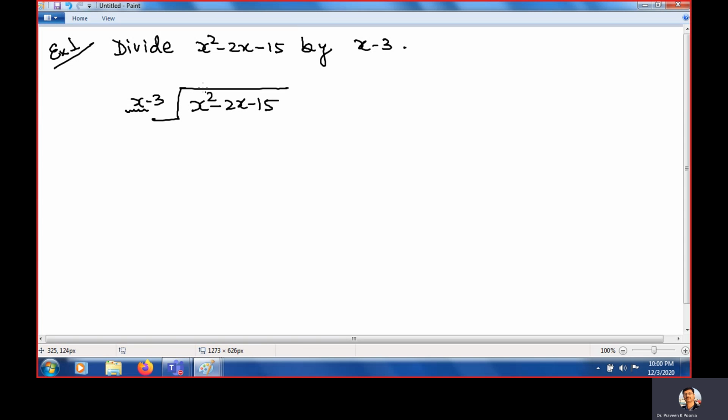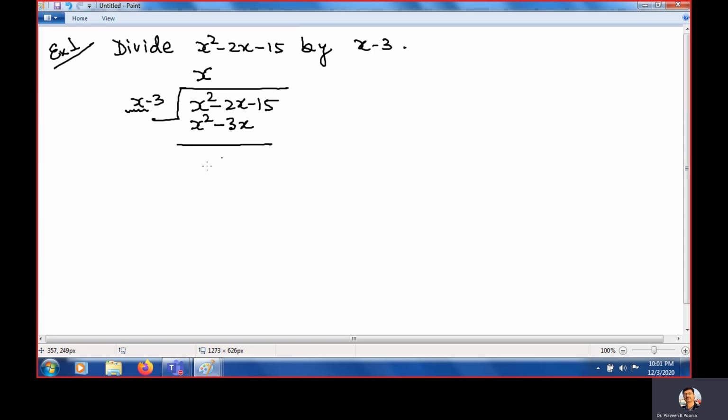Clear? So here it is x square, so you need to multiply by x. So x into x is x power 2. This term you need to make the same. By what you are multiplying, you need to evaluate. So x into x is x square, minus x into 3 is 3x.